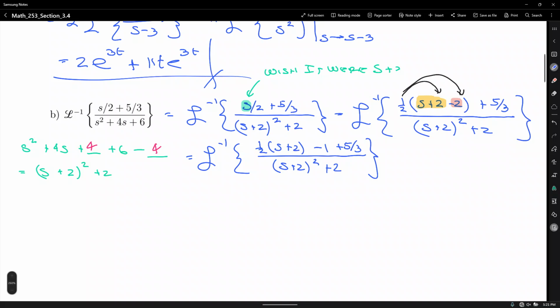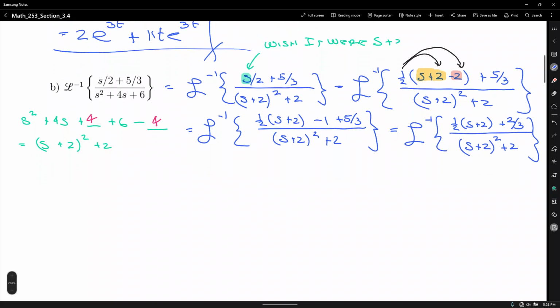So this will be the inverse transform of 1/2 (s plus 2) plus 2 thirds, over the same (s plus 2) squared plus 2. Here is where we will split up. I'm going to use the linear property, if you will: a coefficient times the inverse operator times a factor, to make a couple of terms later.